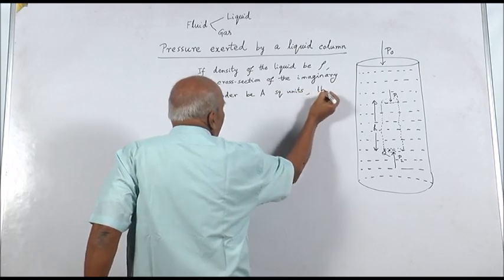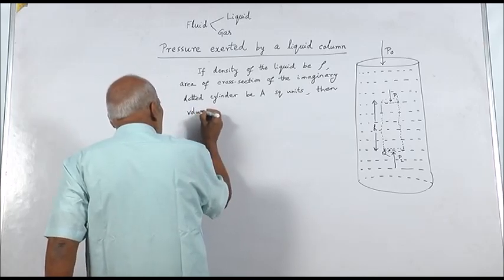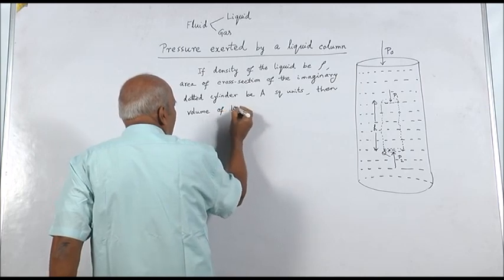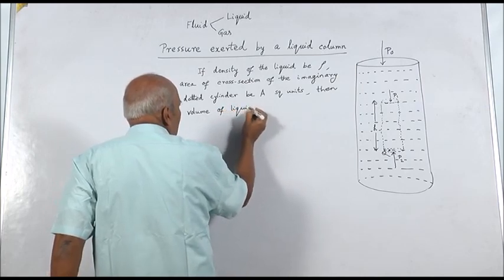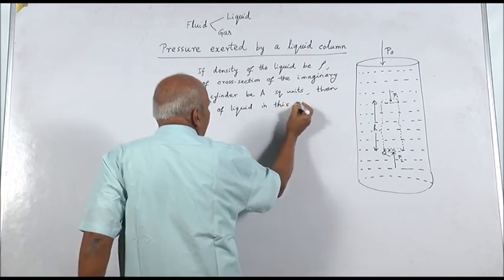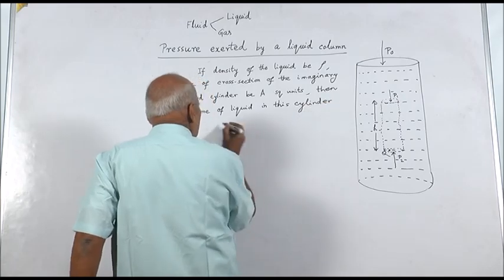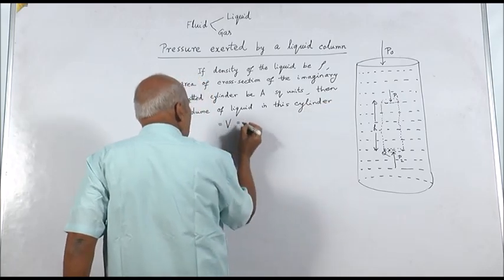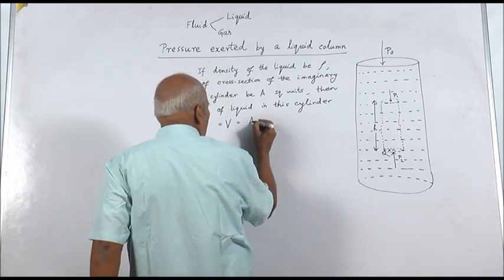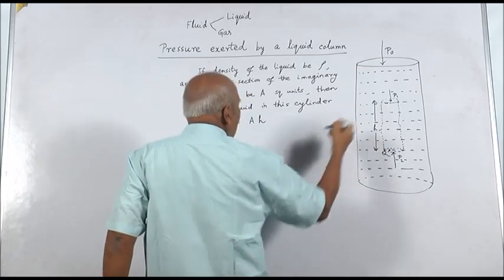then the volume of liquid in this cylinder is V, and that will be A into h, area of cross section into height.